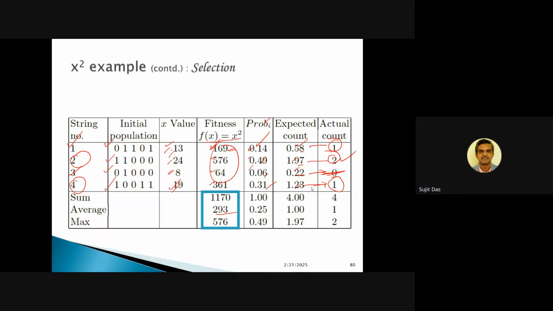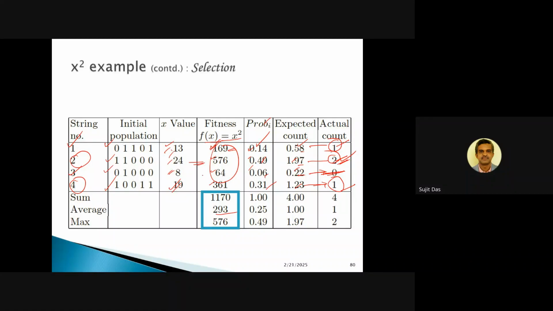What is now the total number of solutions after natural selection? It is 2 plus 1 plus 1, 4 only. See how the genetic algorithm is encouraging that here 24 is the most fitness value. So it is automatically getting selected. These are mathematics only now. We have no control on this. It is automatically getting selected in 2 numbers.